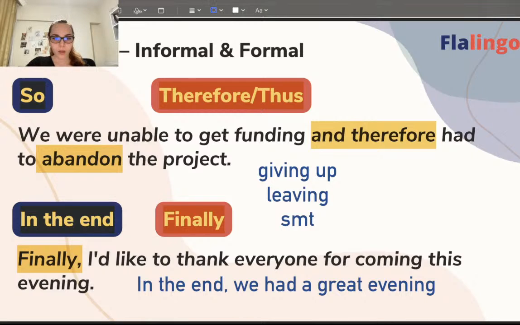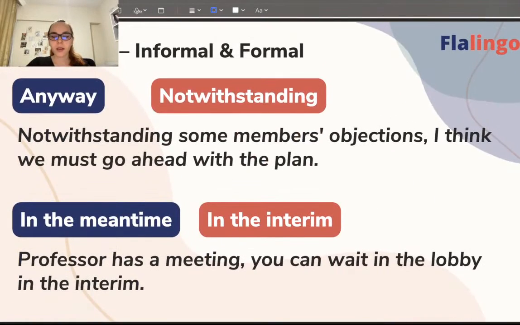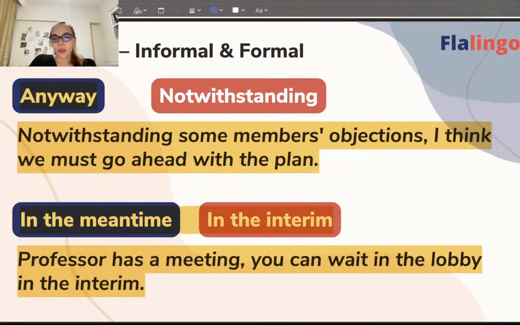Okay. And the last slide we can say about transitions is anyway and notwithstanding. So anyway and anyways is different. Be careful about that. In the meantime, in the interim, those are also formal and informal alternatives of each other. Notwithstanding, this is an old usage of English.